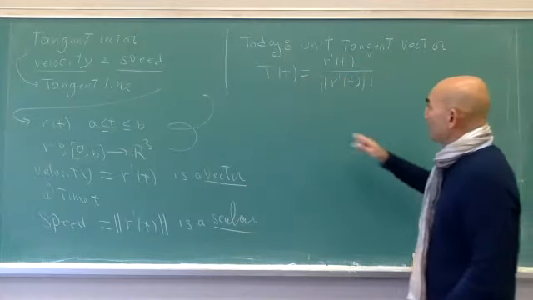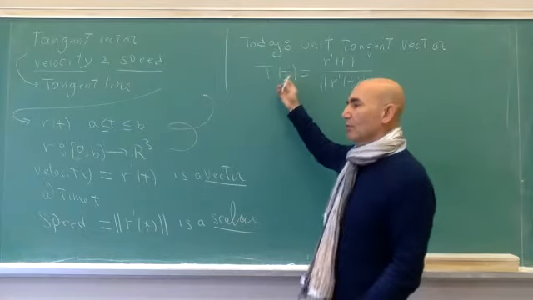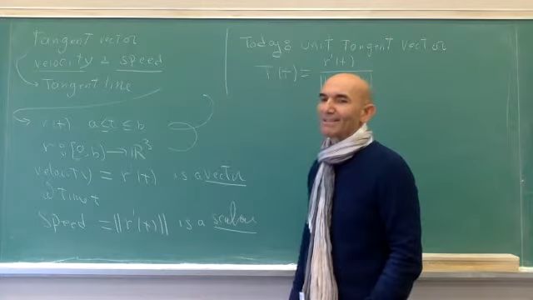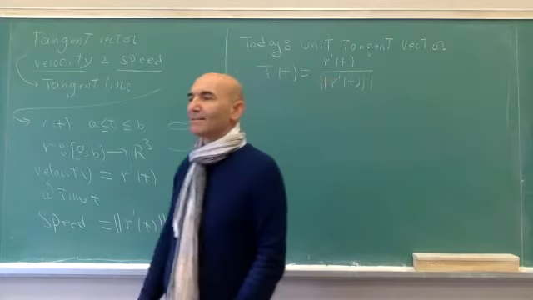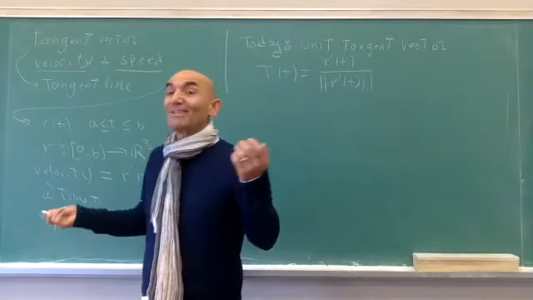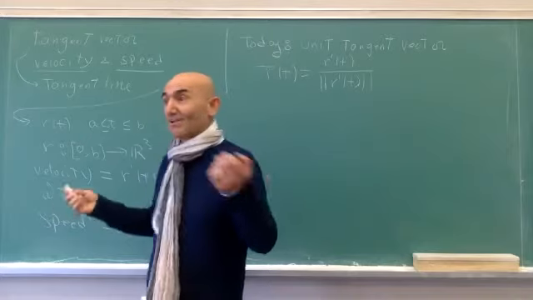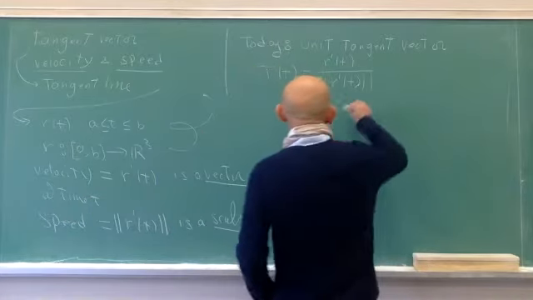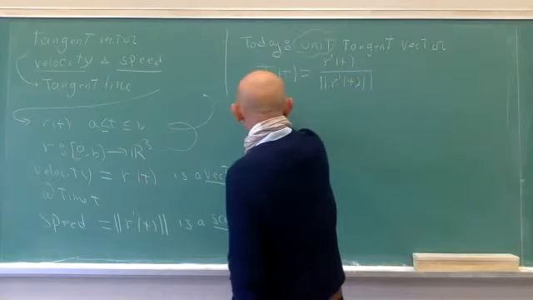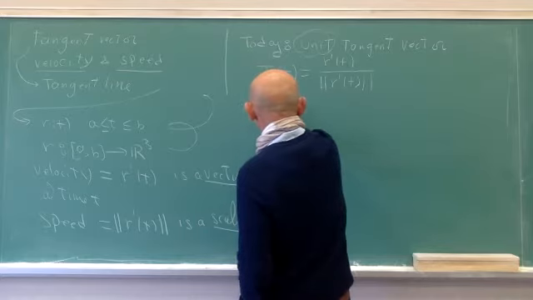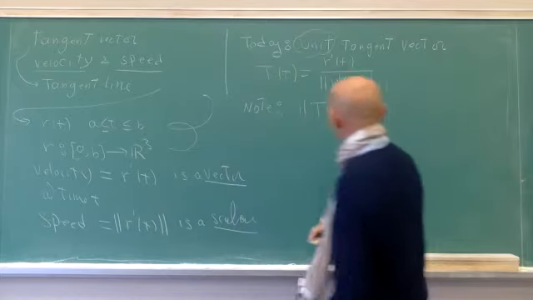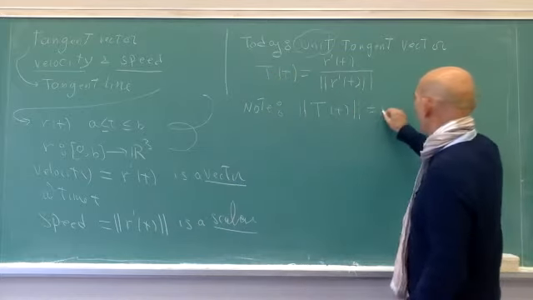You notice that this has one feature. What is the most pronounced feature of this vector T, the way it's defined? It's a unit tangent vector, it's unit length. Even from the name, it's suggested that it should have this property. Note that its length is equal to 1 for all t.